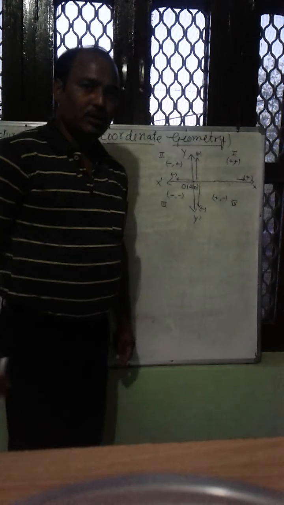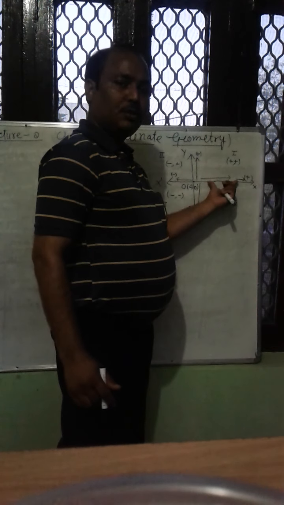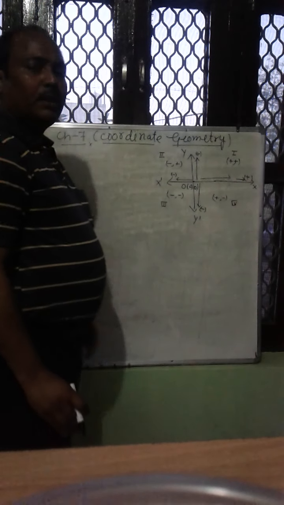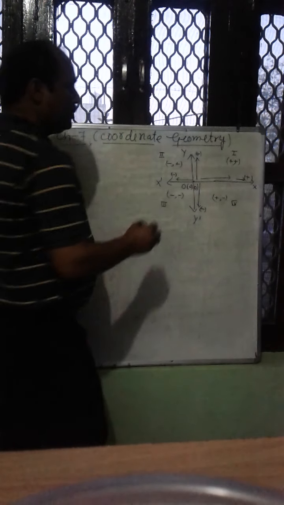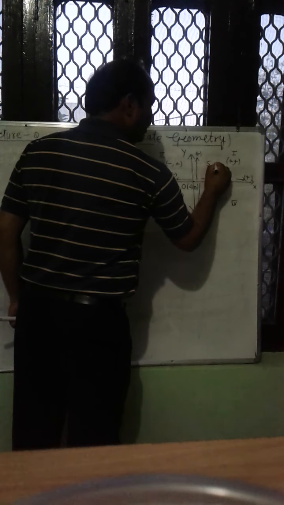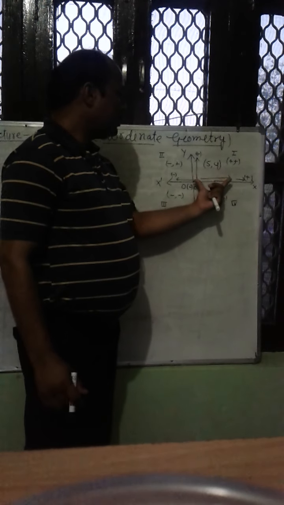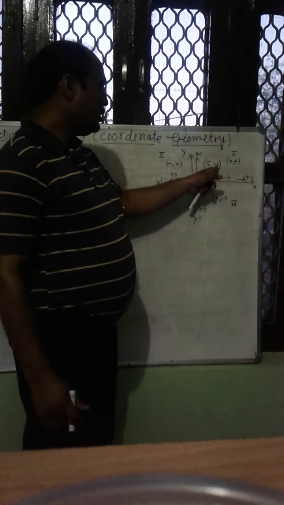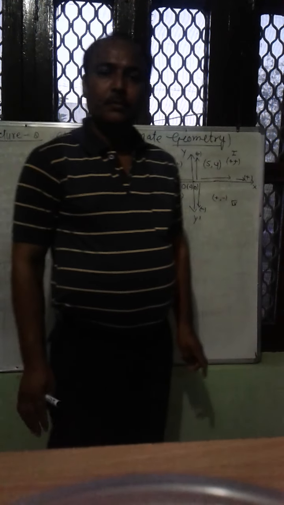The point where the two axes meet is called the origin. The dimension on the x-axis is called the abscissa, and the dimension on the y-axis is called the ordinate. For example, in the point 5 comma 4, 5 is the distance on the x-axis, and the second coordinate, 4, is called the ordinate.